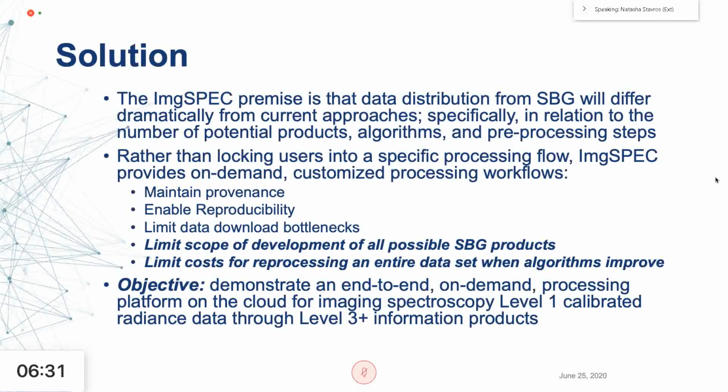So the main objective of our work is to demonstrate an end-to-end on-demand processing platform on the cloud, specifically focusing on imaging spectroscopy, level 1 through level 3 information. Next slide.